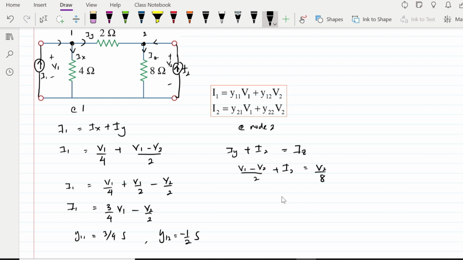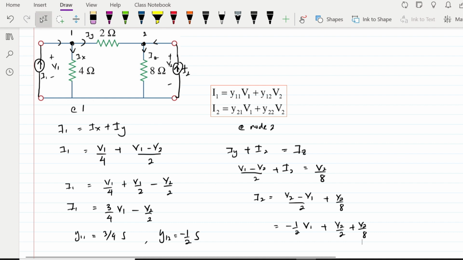I only want to have I2 on the left-hand side, so that later it's easier to compare. I2 equals, I bring this one to that side so it will be the opposite sign, V2 minus V1 over 2 plus V2 over 8. Rearranging the equation, I want to start with V1 first, so negative 1 over 2 V1 plus V2 over 2 plus V2 over 8.